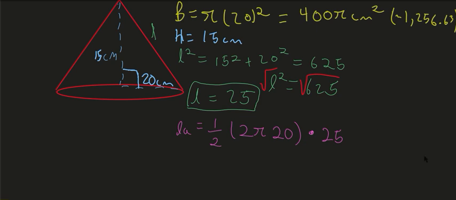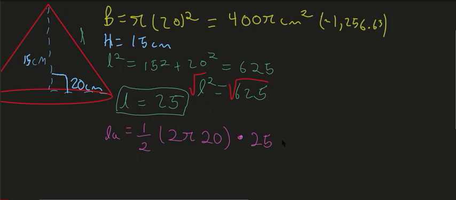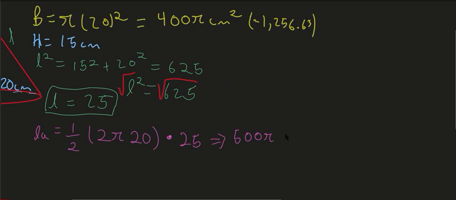And what we get if we plug it into the calculator, but I'm a little too lazy, we would get 500 pi. And after that, if we plug into the calculator, what we would get, which is approximately about 1,570.79 centimeters squared.